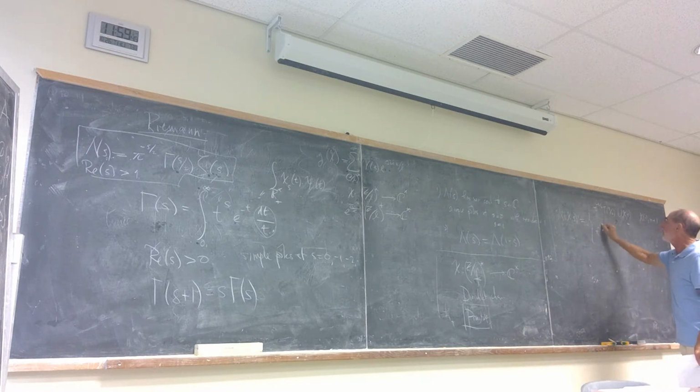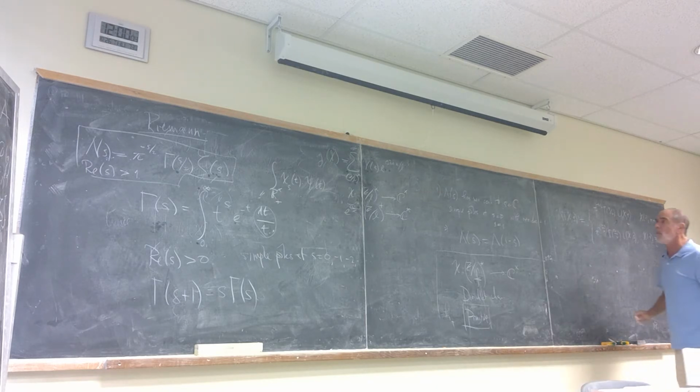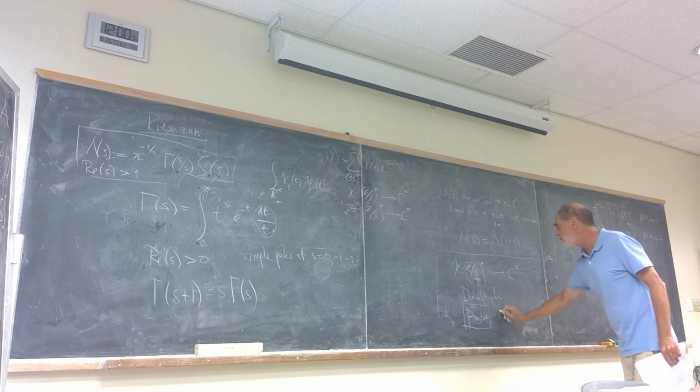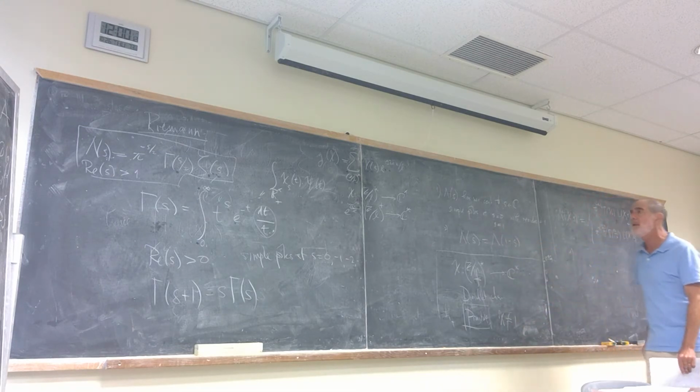We do pi to the minus (s plus 1) over 2, gamma of (s plus 1) over 2, L of chi, s, if chi of minus 1 is minus 1. We're going to see why all this happens in a minute. All right, and then we're going to prove, and this is primitive, and we're going to assume it's non-trivial because the trivial case was handled by Riemann.